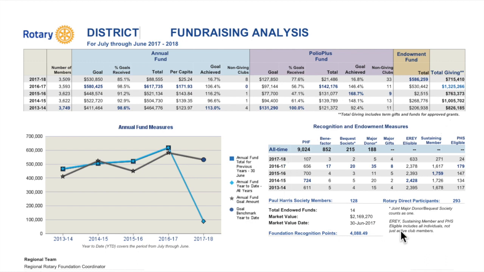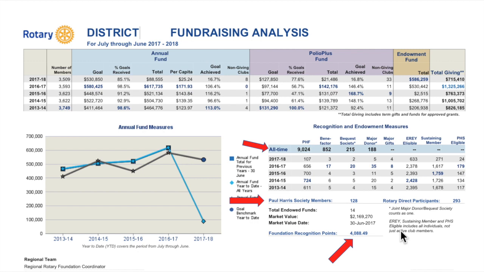This area down here, you see the blue line, which represents running accumulations, all time, for your district, and then the next rows would be the 5 most recent years with your Paul Harris Fellows, Benefactor, Bequest Society, etc. numbers included there. In the second area, you see the line that has the number of Paul Harris Society members and then your Rotary Direct participants.